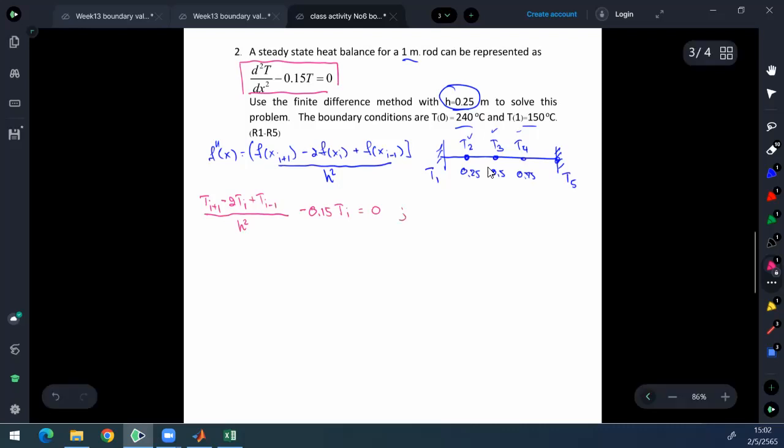We know that h is equal to 0.25, then h squared is equal to 0.0625.